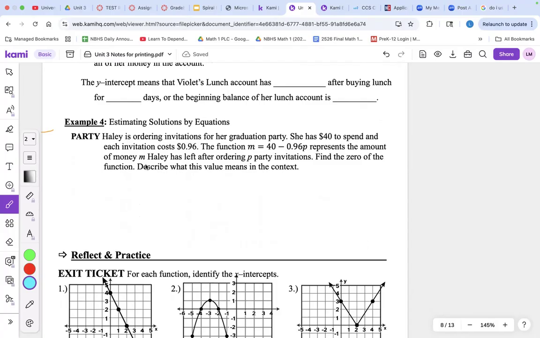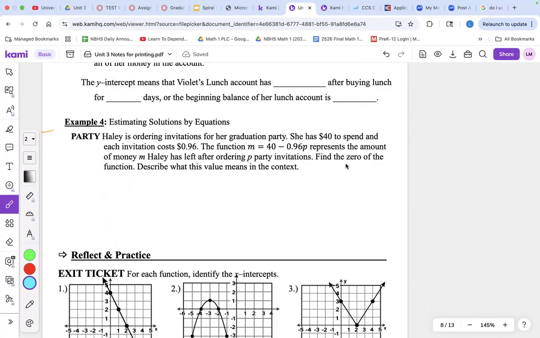It represents the amount of money Haley has left after ordering P party invitations. Find the 0 of the function. Describe what this value means in the context.